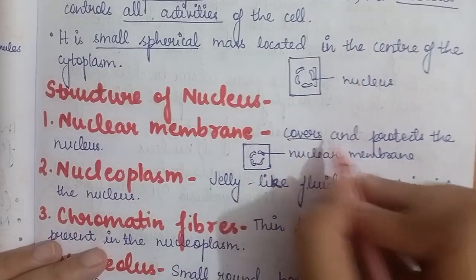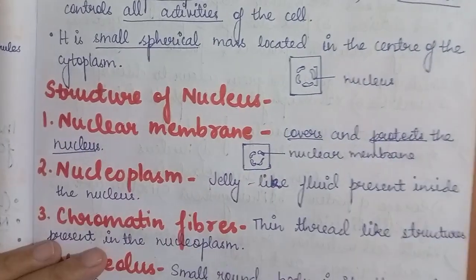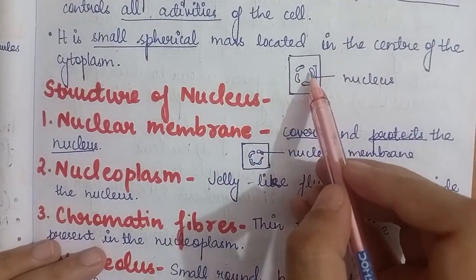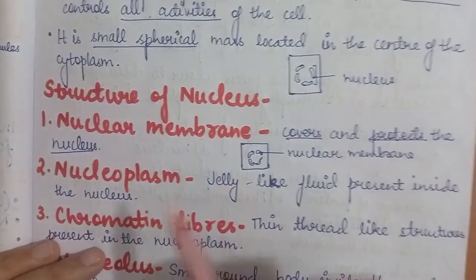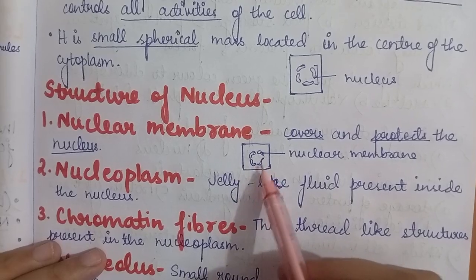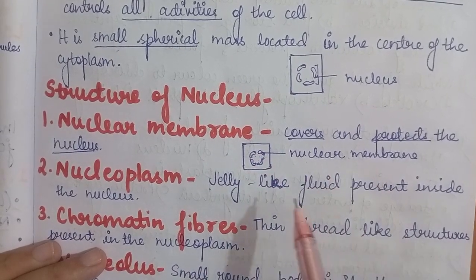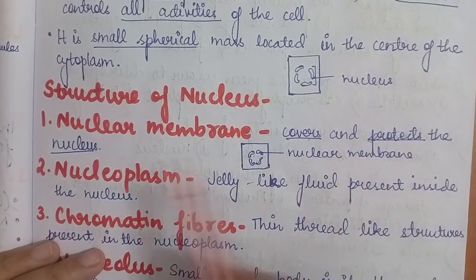It covers and protects the nucleus. This whole structure is the nucleus, and it also has some parts present inside, which we'll study. This outer layer is the nuclear membrane, covering and protecting the nucleus.